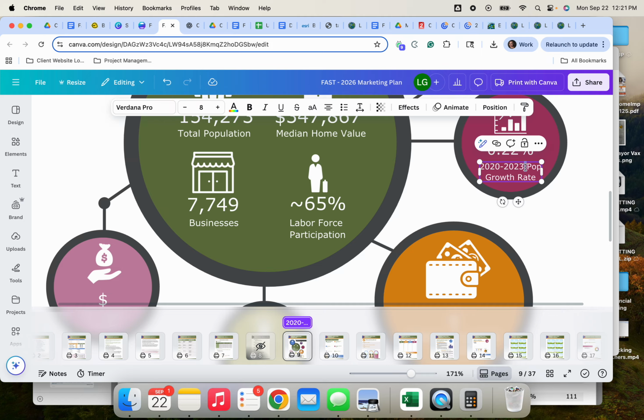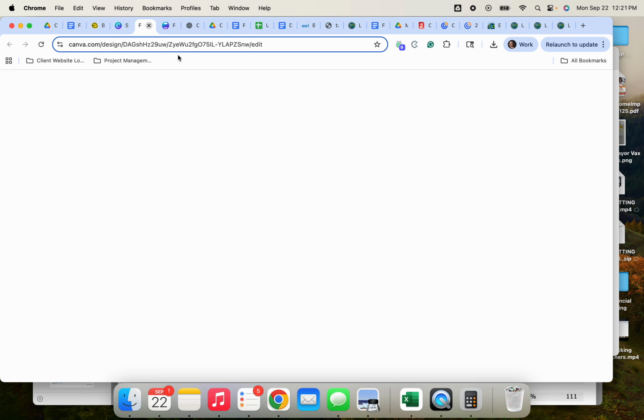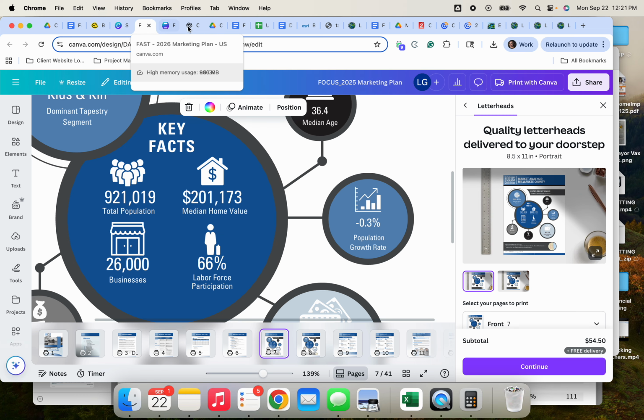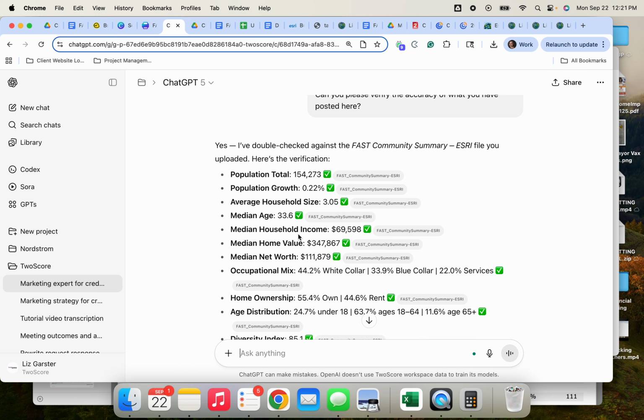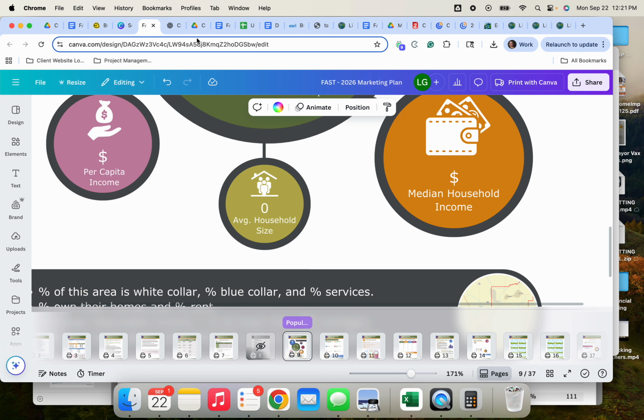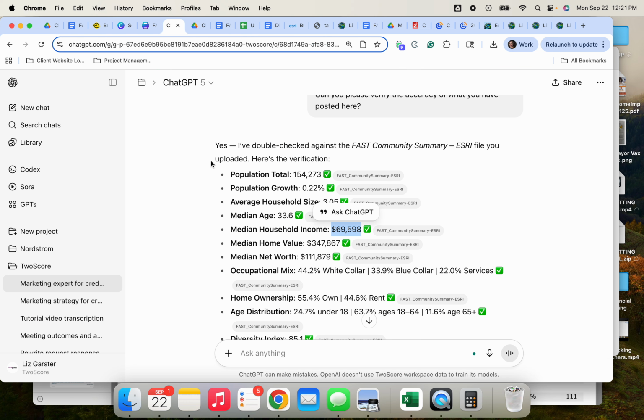I'm just going to put population growth rate. Median household income is going to be 69,598. Average household size 3.05.